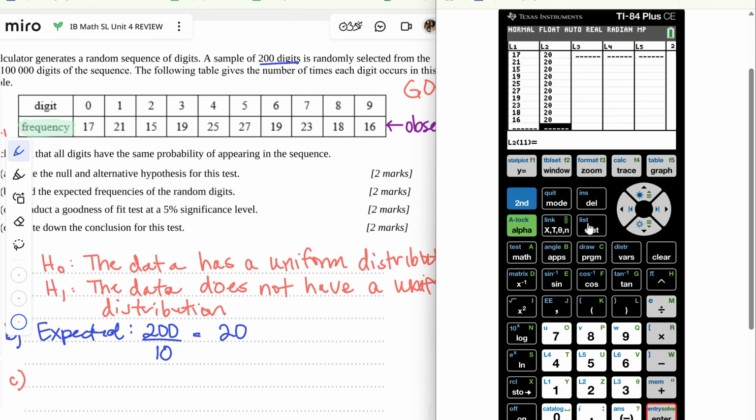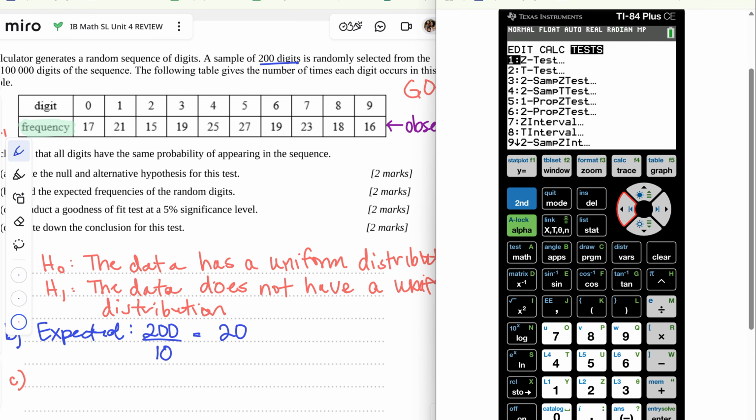All right, now you're going to press Stat, go to your test, go upwards to the GOF, which is the goodness of fit, and you are expected to know your degrees of freedom. There are 1, 2, 3, 4, 5, 6, 7, 8, 9, 10 categories here. So you take that 10 minus 1, leaving you a degree of freedom of 9.